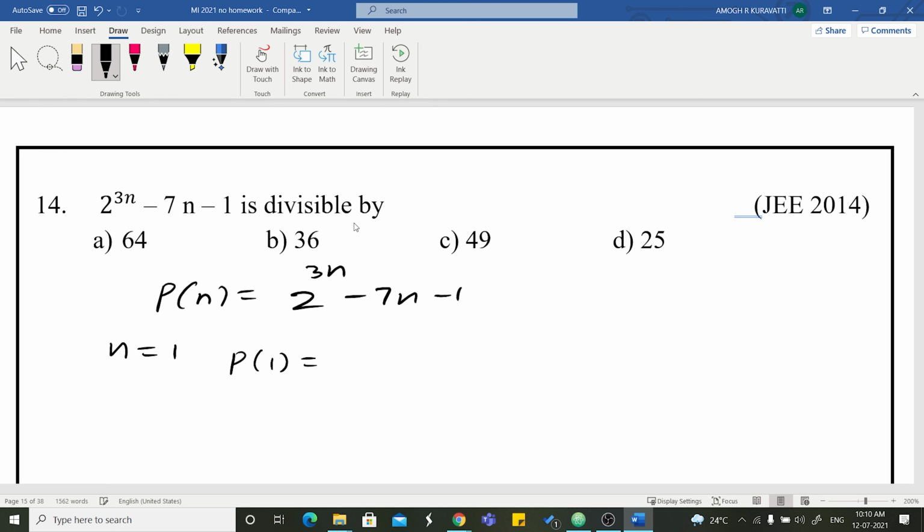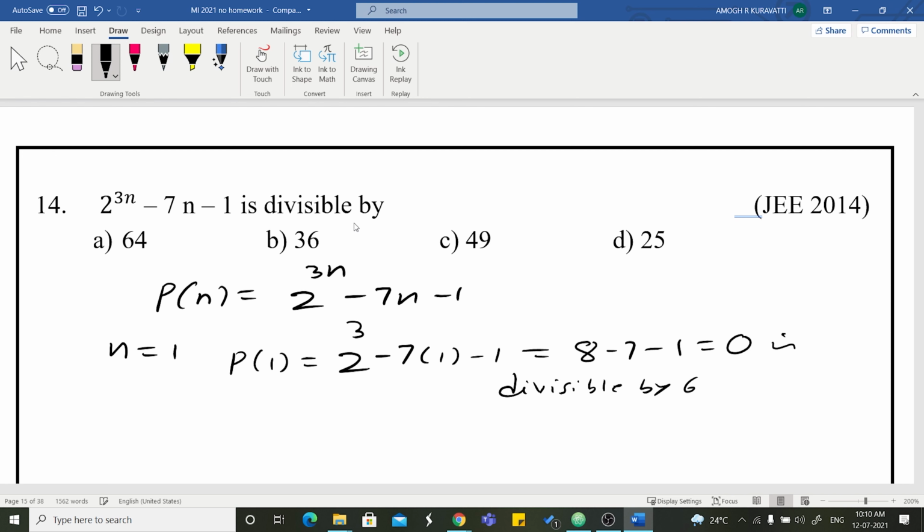So P of 1 is equal to 2 power 3, minus 7 minus 1. 2 power 3 is 8, minus 7 minus 1, how much? 0. So 0 is divisible by 64 as well as 36, 49 and 25.